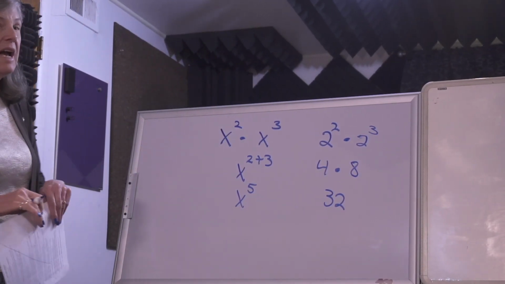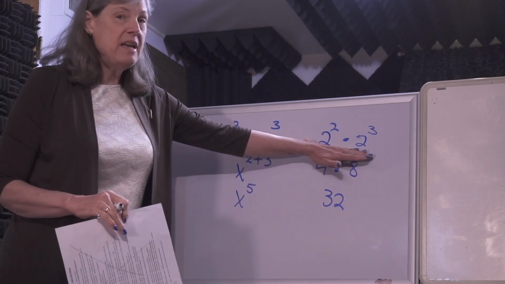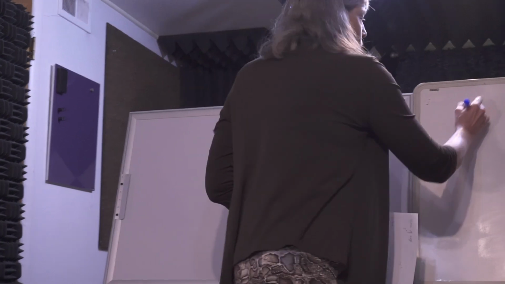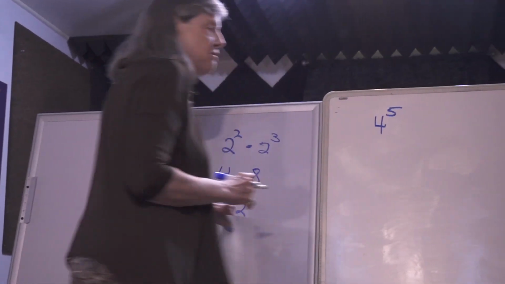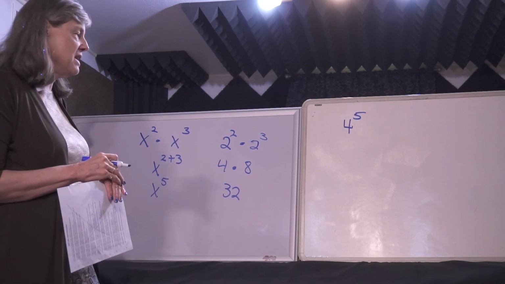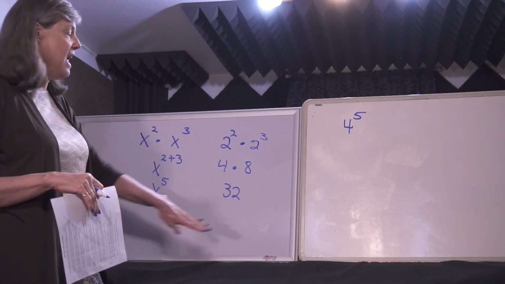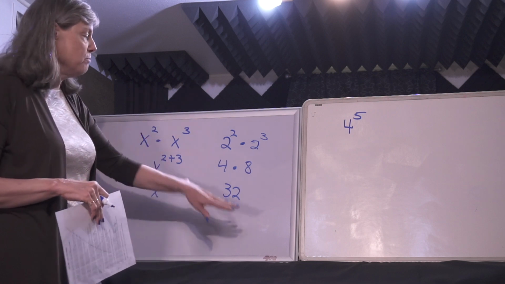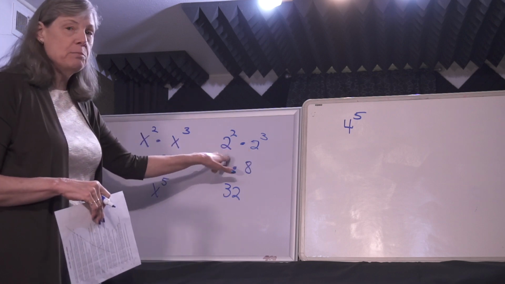If we multiply the bases, that's not what we'll get at all, because now we would have 4 to the fifth, and 4 times 4 times 4 is already 64, and I didn't even get up to that, that was only 4 to the third power. So do not multiply your bases.